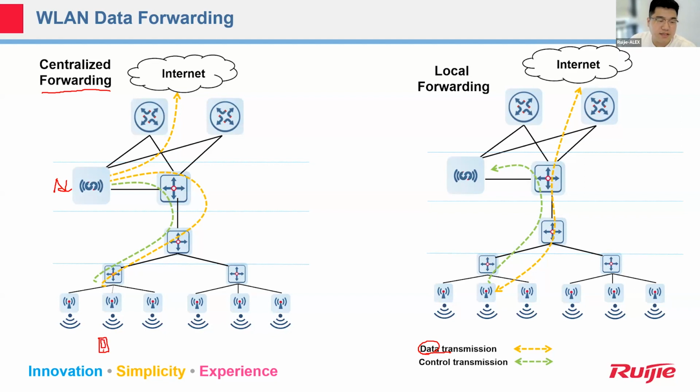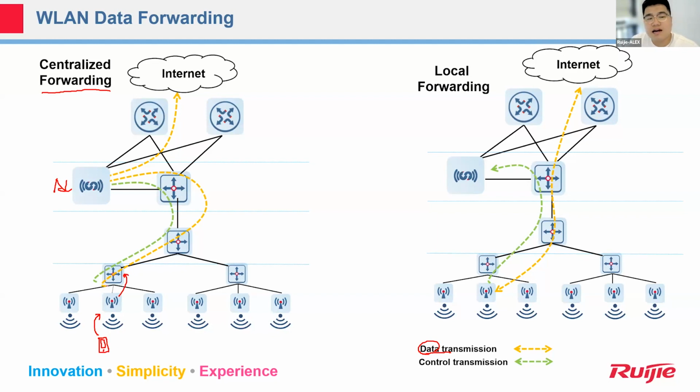This is a mobile, and we are watching some videos on this mobile. It will generate some service traffic, and this service traffic will be sent to the AP. The AP will send it to the access switch.